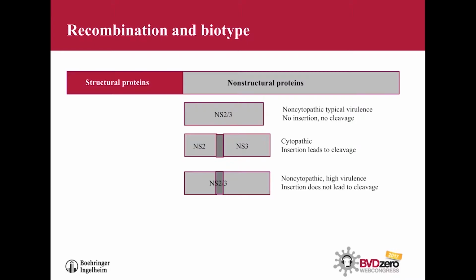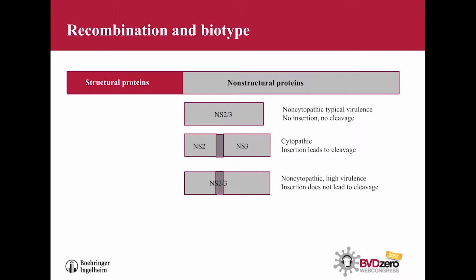The genome of all three species is organized with the structural proteins on the left-hand side and the non-structural proteins on the right-hand side. At the beginning of that reading frame coding for the non-structural proteins, there's a coding frame for a protein called the NS23.